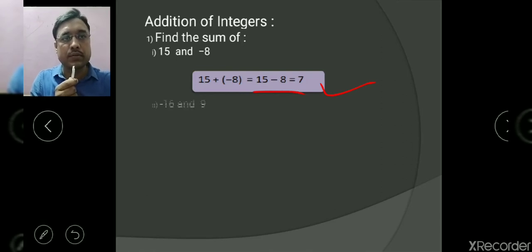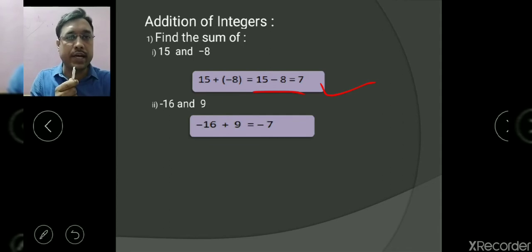Okay, next I am giving that first number is negative, -16 and 9. Find the sum of these numbers. You have to solve like this, -16 plus 9.